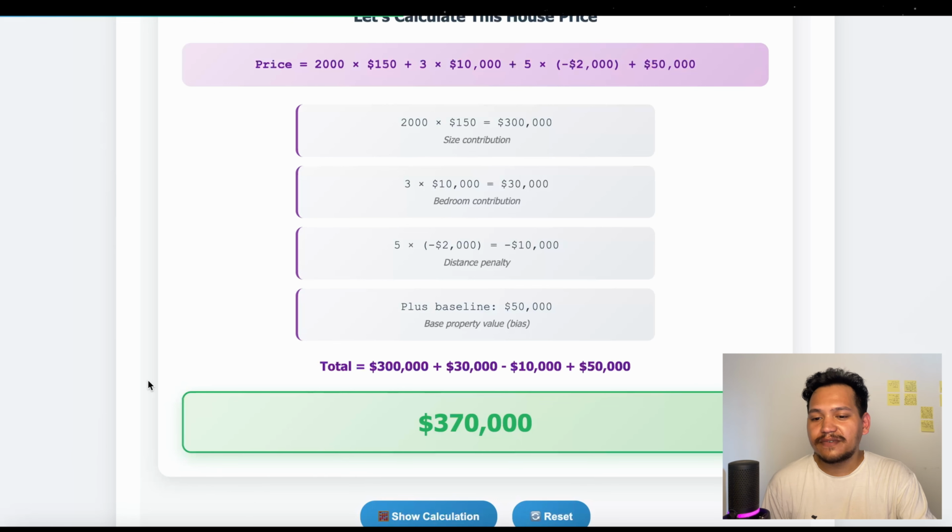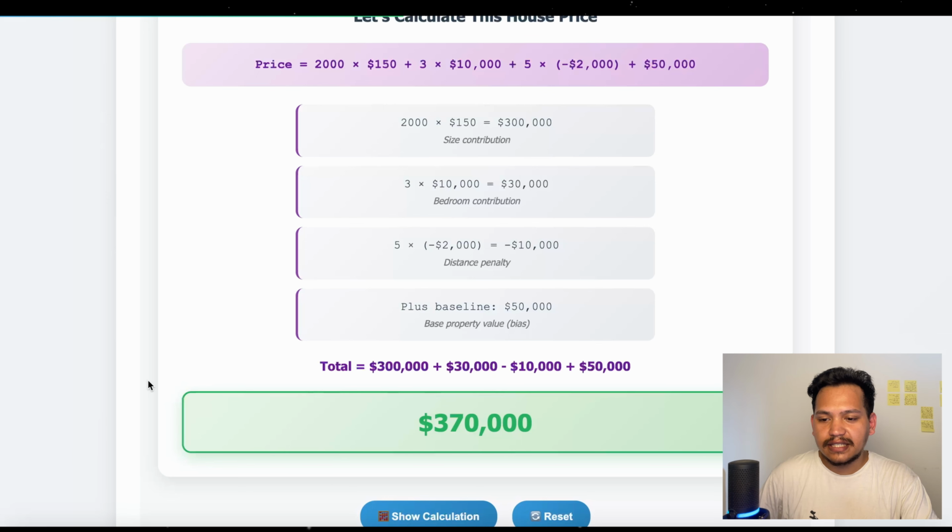So for a specific house, let's say 2000 square feet, 3 bedrooms, 5 miles from downtown, our price will be 2000 multiplied by $150, plus 3 multiplied by $10,000, plus 5 multiplied by minus $2,000, plus $50,000 for baseline. Let me calculate this step by step. 2000 multiplied by 150 equals $300,000.